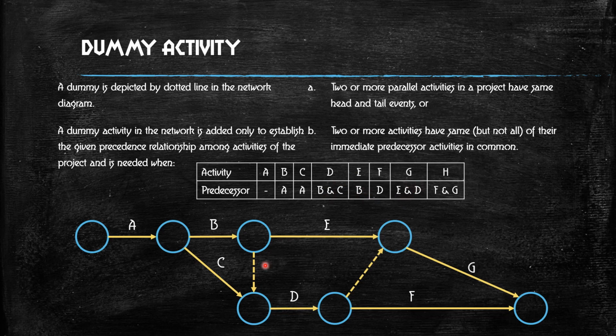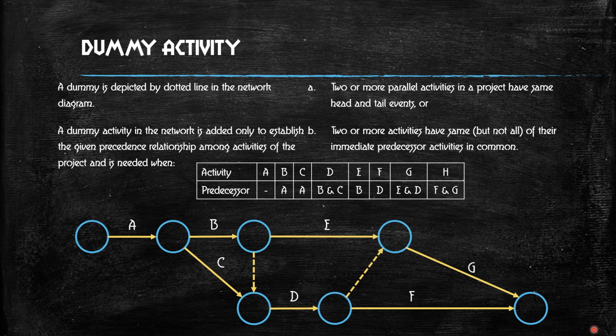Similarly, here you draw a dummy line because for G you have E and D, but for F you have only D. Okay, so for a certain activity you need the completion of two activities. In that case, you have to draw a dummy line.